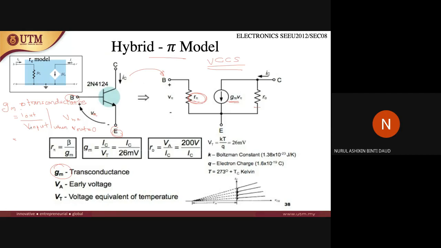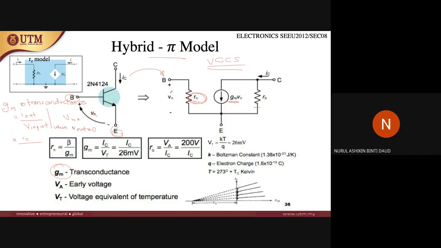In this case of the hybrid pi model, the output current is IC, so it is IC over V input.